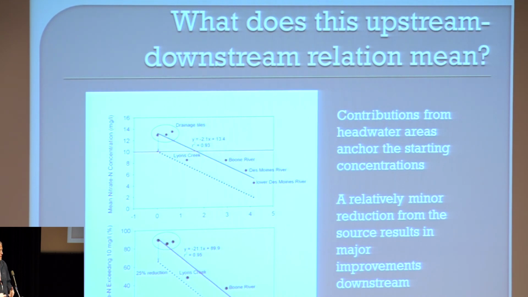We have to do enough to move the anchor down to a level where we let natural processes of dilution and different land covers and contributions take over to reduce these concentrations further downstream. So I think this is a good news story for the relationship between headwater drainage districts and downstream water bodies: this scaling relationship suggests that you don't have to make a 50% reduction in drainage districts to have an effect downstream. You've got to do a little bit up there and then let nature take its course with the processes downstream.